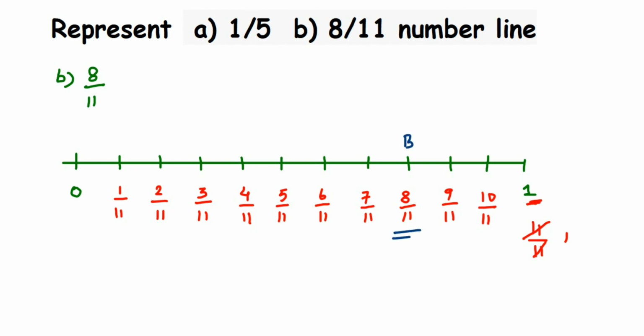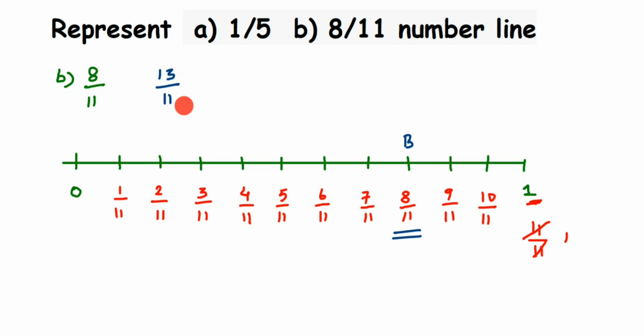Now, like I said before, I already know that this 8 by 11 falls between 0 and 1. Now, suppose you have a greater number, like let me take 13 by 11. Obviously, 13 by 11 is an improper fraction because 13 is greater than 11. The numerator is greater than the denominator, which means the given fraction is an improper fraction.